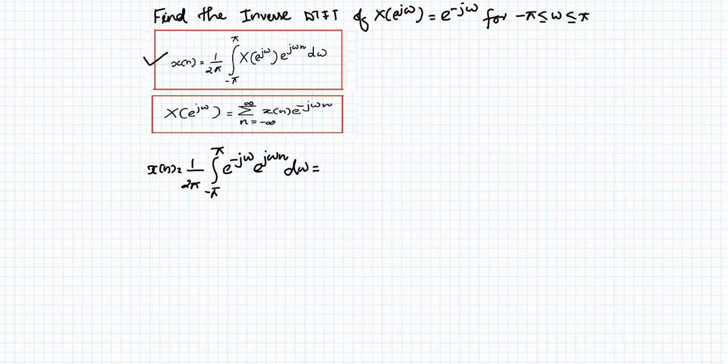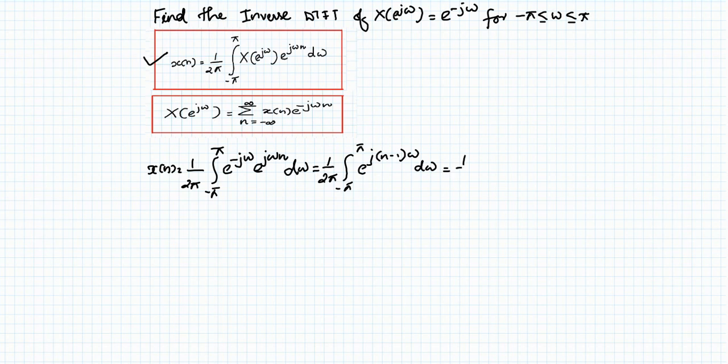So you can write 1 by 2 pi integral minus pi to pi and e raised to j n minus 1 into omega d omega. Now we can integrate this.